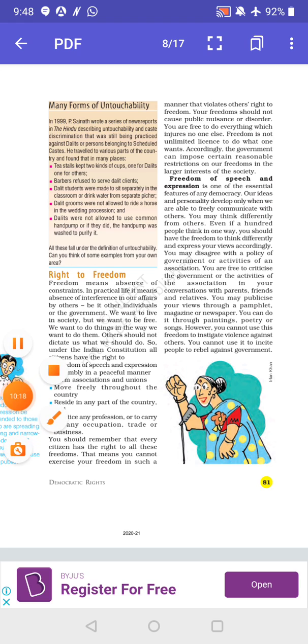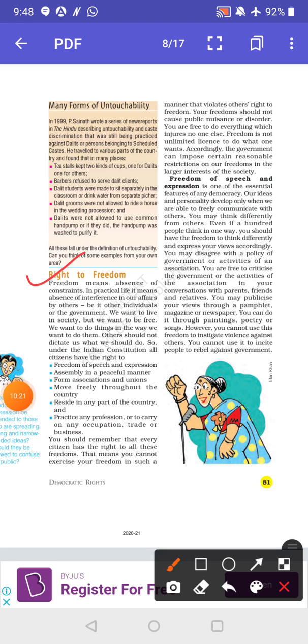Now coming on to the next right, which is the right to freedom. Under this right to freedom, it means that there should be absence of interference in our own affairs by other people, be it other individuals or the government.